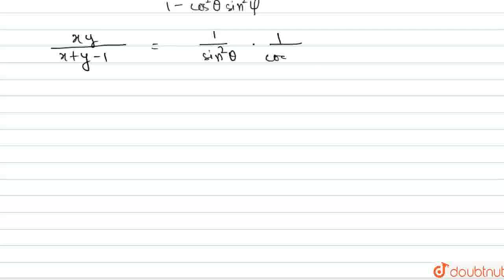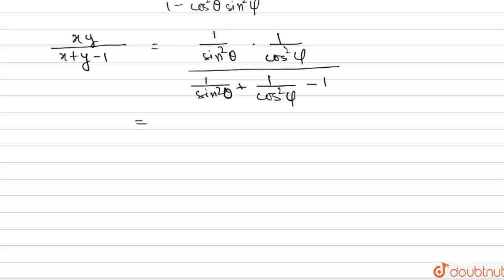Now we will try to find out the value of xy upon x plus y minus 1, where x is equal to 1 upon sin square theta, y is equal to 1 upon cos square phi. Putting these values here, we will get our expression as this.